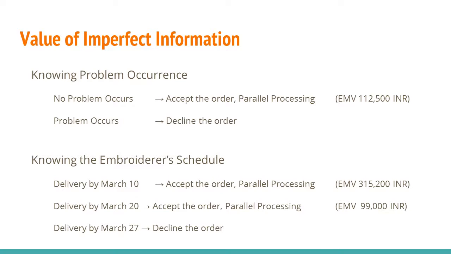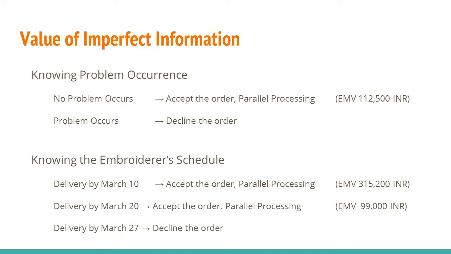Assuming that one knew whether a problem would occur, and in case no problem did occur, he should accept the order and produce under parallel processing at an expected monetary value of 112,500 Indian rupees.